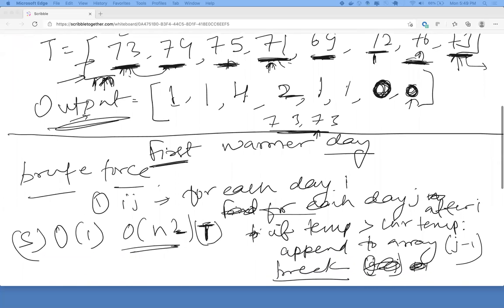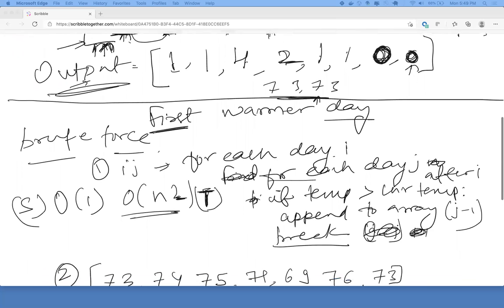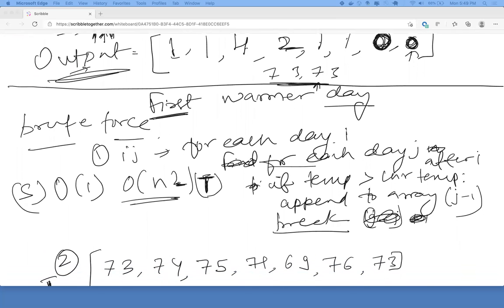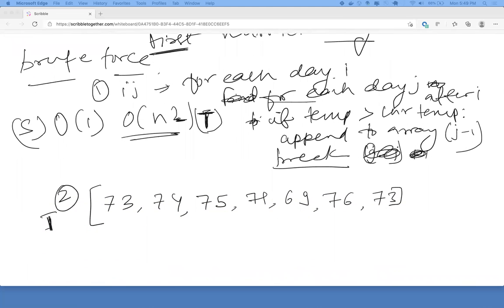If you go all the way to the end of the array in the j loop, you're not going to append to the array. So outside of that for loop, you need to append 0 in case you have not found a solution. Was that your question? Yes, thanks.